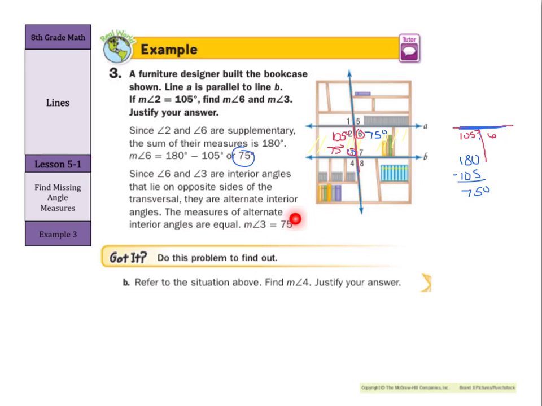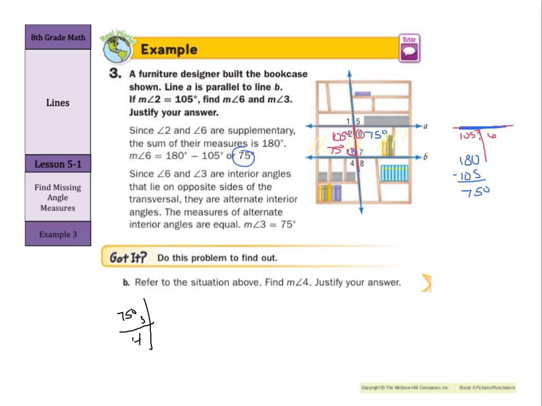Well, 2 ways you can solve this. First, if you know that angle 3 here is 75 degrees, it looks like angle 3 and angle 4 are supplementary.